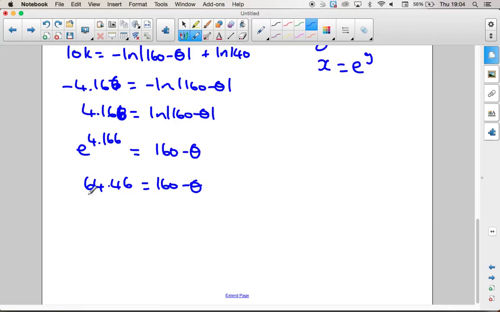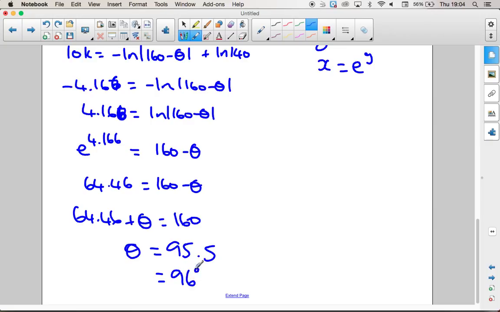And if I add theta on to here, and take away my 64.46, so my calculator, 160, take away my last answer, gives me 95.5. So to the nearest degree, that's 96 degrees.